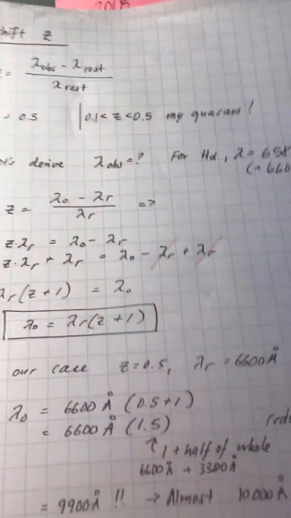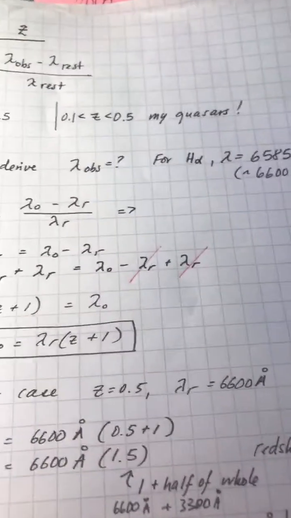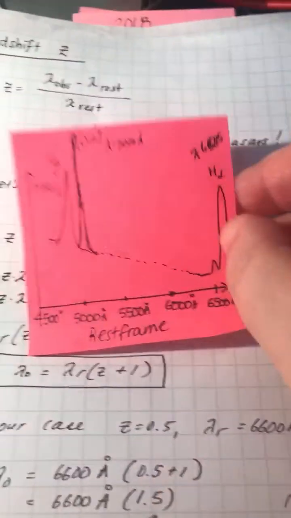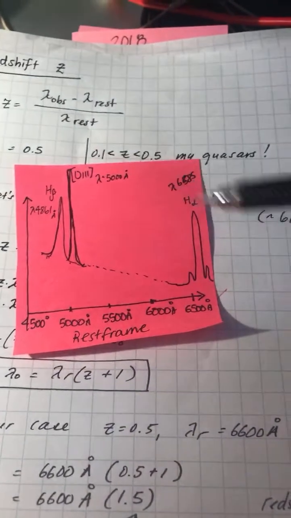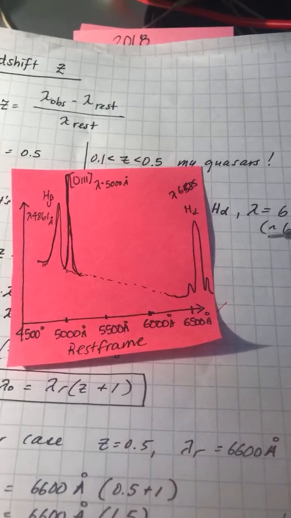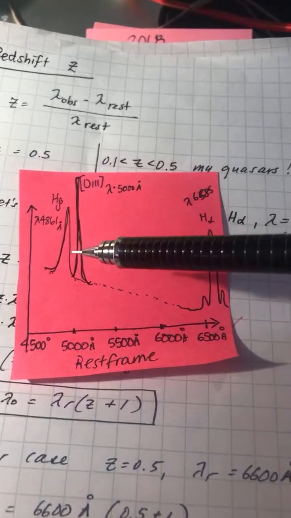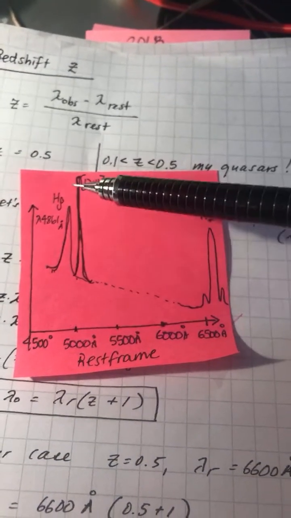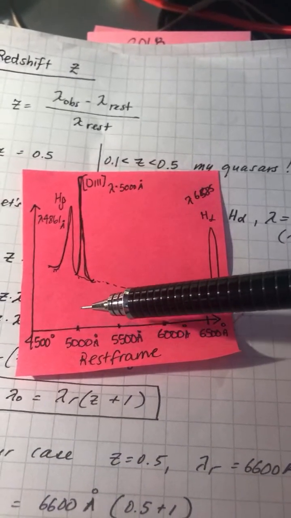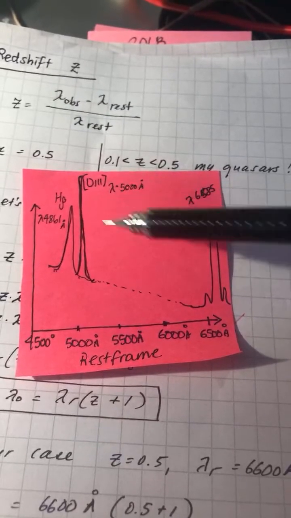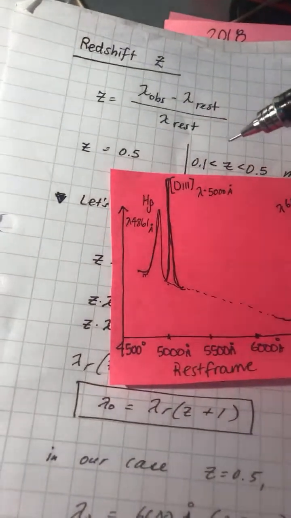If you have, where's my little icon? For example, this is a theoretical spectrum where you have an emission line, for example, an emission line around 5,000 angstrom.